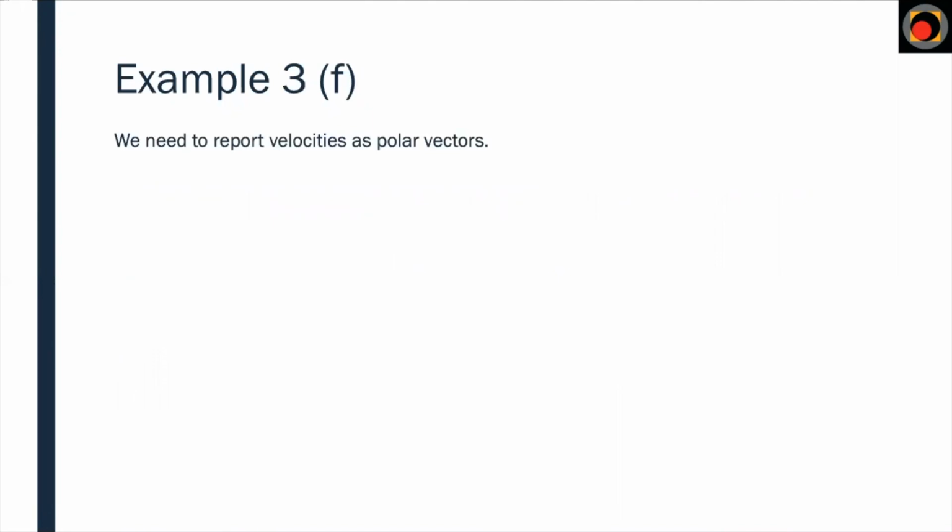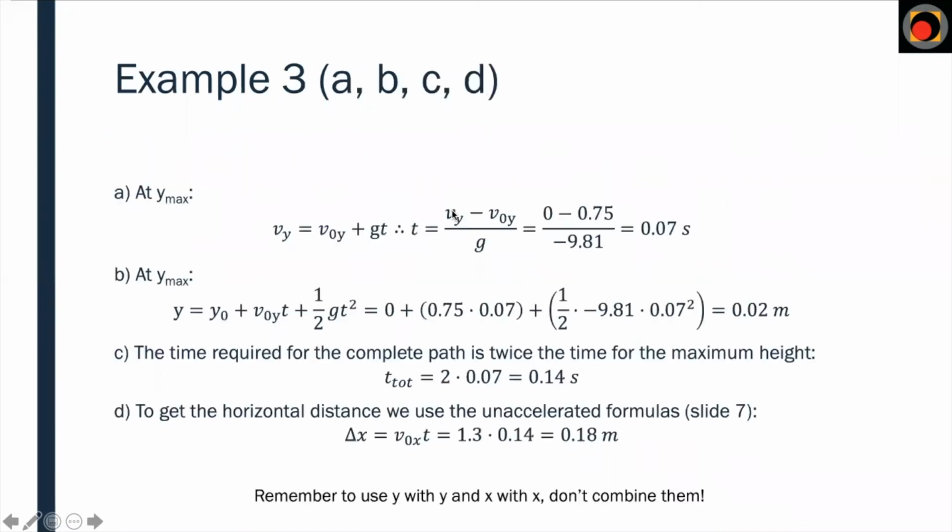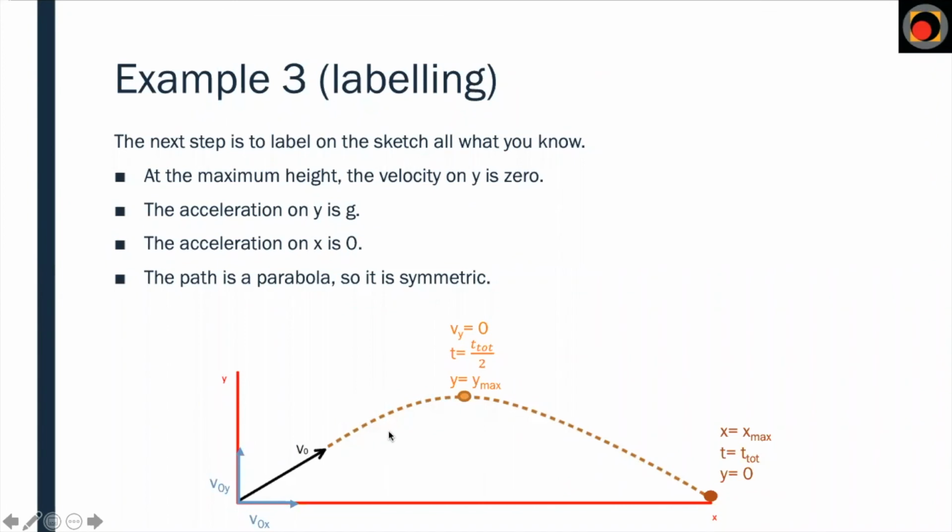Now, finally, letter F, we need to report velocities as polar vectors. Let's go back a little. Velocities are vectors. We're talking about the velocity when the object is at half the maximum position, so it can be over here and it can be over here, assuming they are both at the same height.